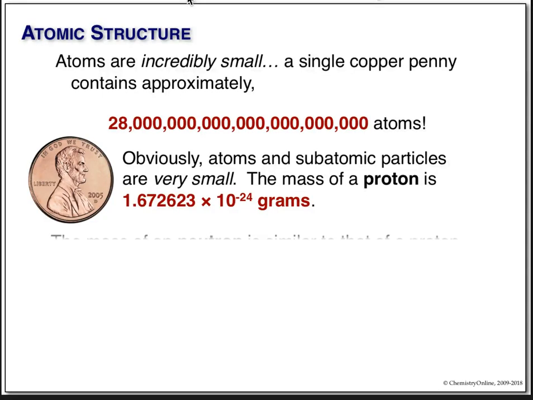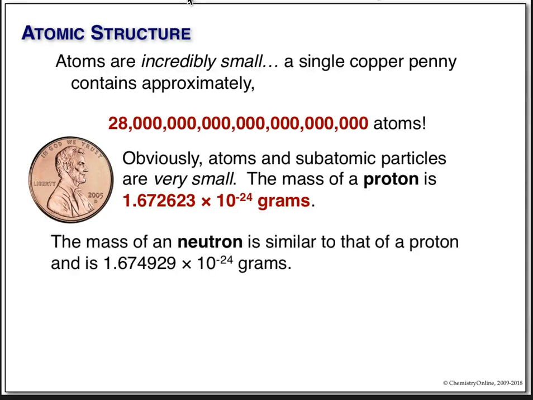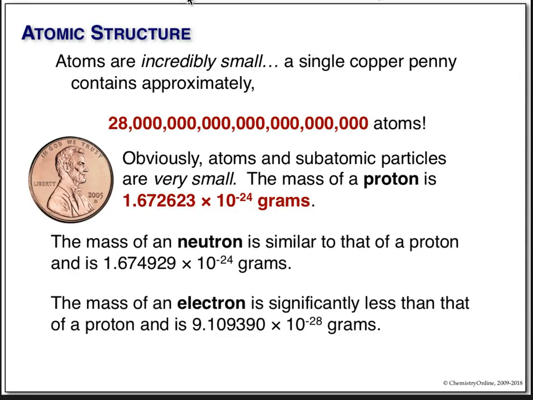The mass of a neutron is essentially the same, and the electron is much, much, much less. The conclusion here, once again, is that virtually all of the mass of an atom is located in the teeny tiny little nucleus and is made up of protons and neutrons.